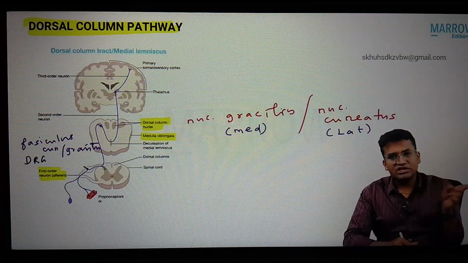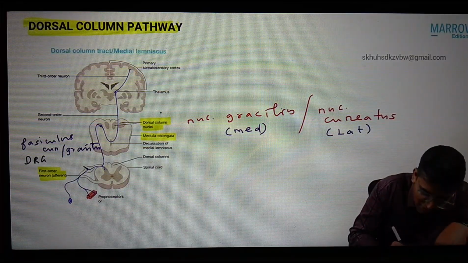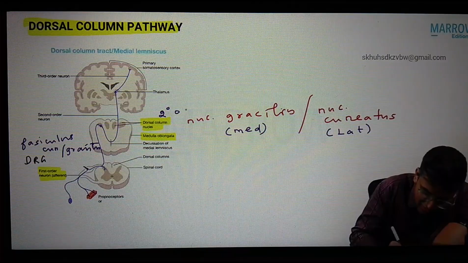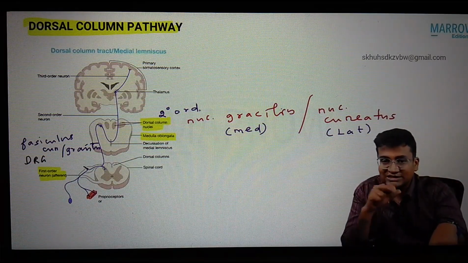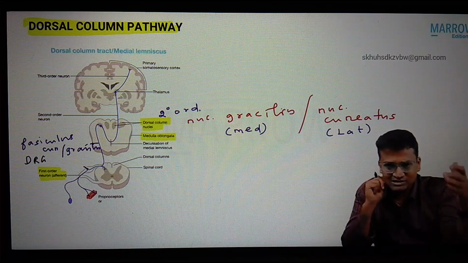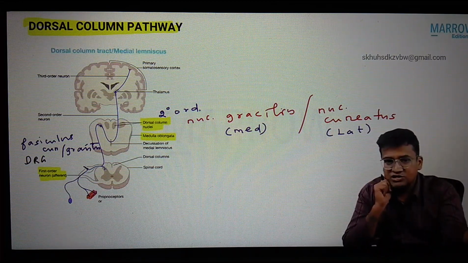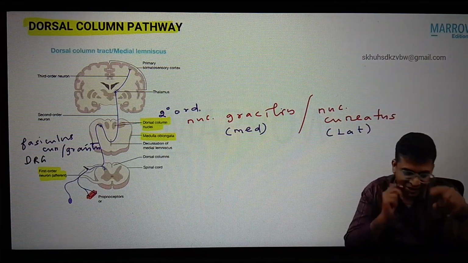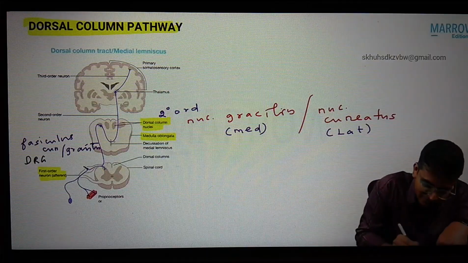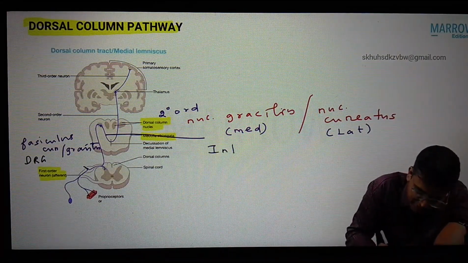Now fibers from these two nuclei cross to the opposite side. I told you the dorsal column nuclei are the second order neuron. Nucleus gracilis and nucleus cuneatus are second order neurons, and the fibers from the second order neuron cross to the opposite side. This crossing is called internal arcuate fibers.